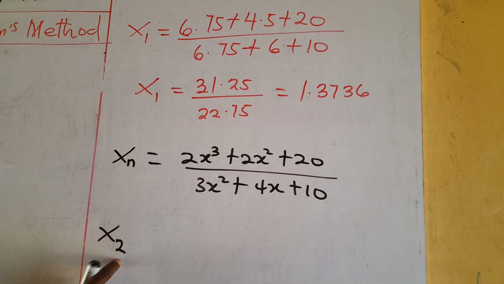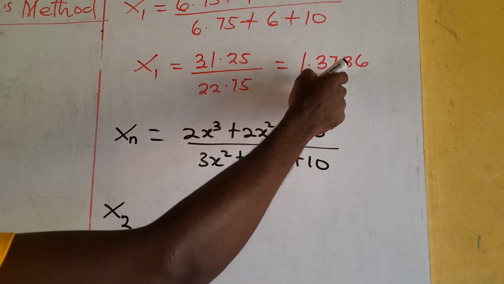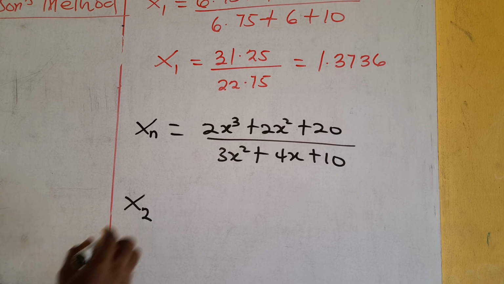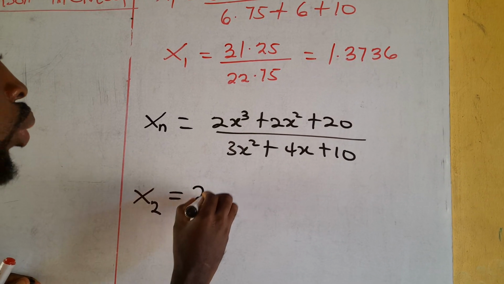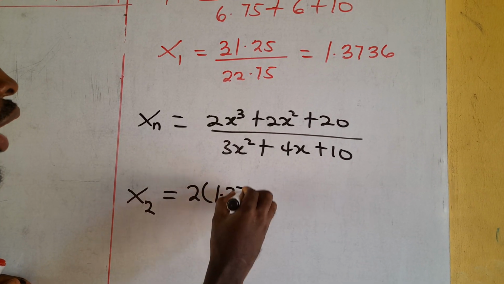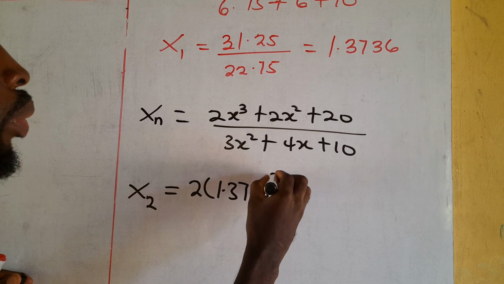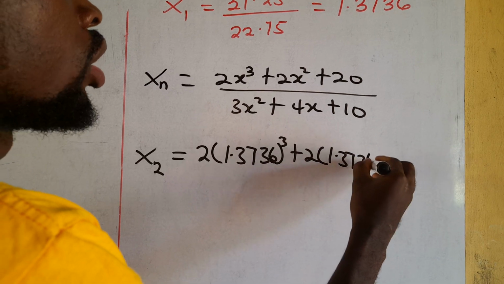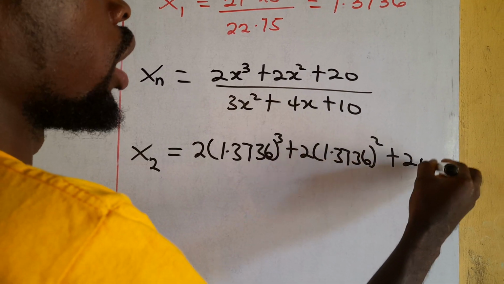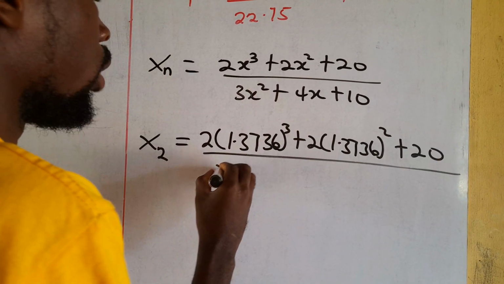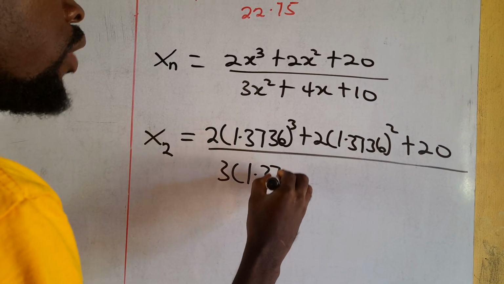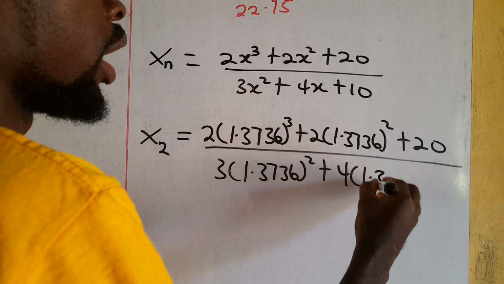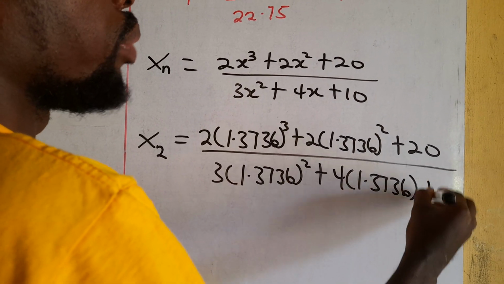Then we can find our second approximation. And how do we get a second approximation? We substitute the first x1 now into our iterative formula to get our second approximation. So this will be 2 brackets 1.3736 cubed plus 2 bracket 1.3736 squared plus 20 all over 3 bracket 1.3736 squared, then plus 4 bracket 1.3736, then plus 10.